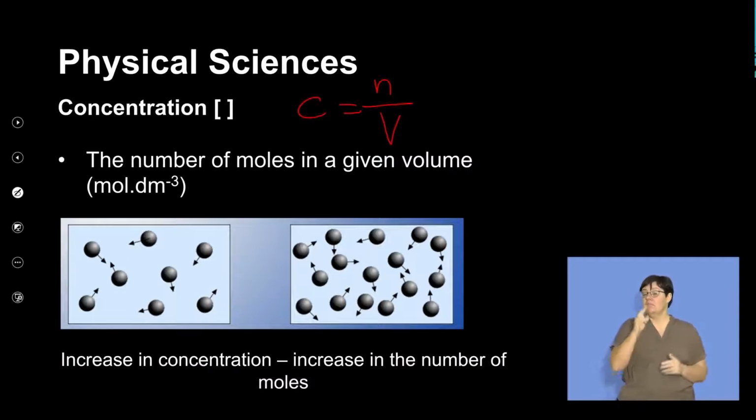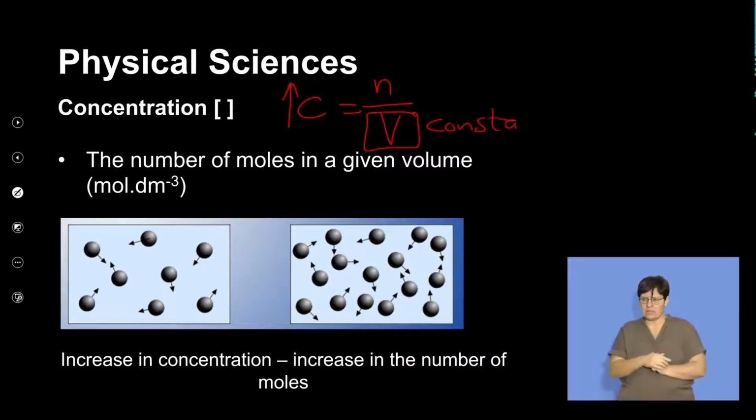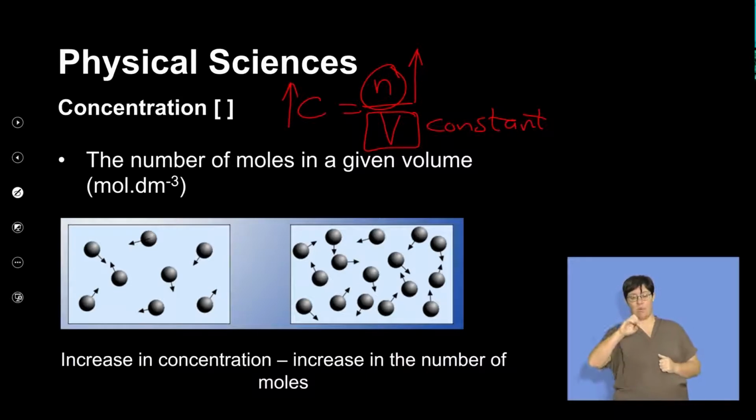So if we can look at that, as soon as I increase my concentration, and I keep my volume constant, then it actually means that my number of moles will also increase. I can actually say that the number of moles is directly proportional to the concentration. Higher concentration, higher number of moles.